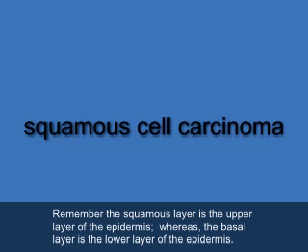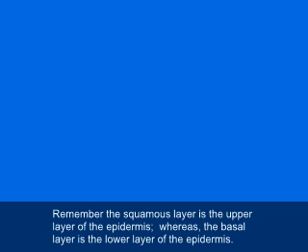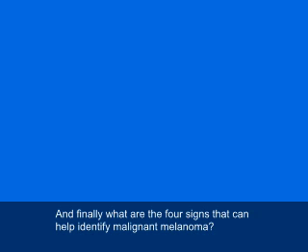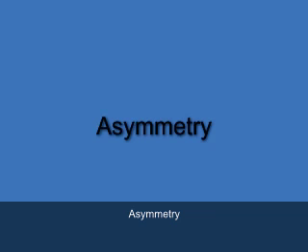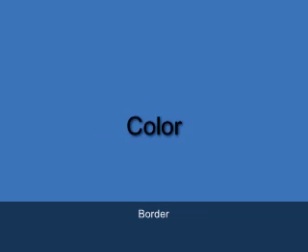Remember, the squamous layer is the upper layer of the epidermis, whereas the basal layer is the lower layer of the epidermis. And finally, what are the 4 signs that can help identify malignant melanoma? Well, that's the ABCD: asymmetry, border, color, and diameter.